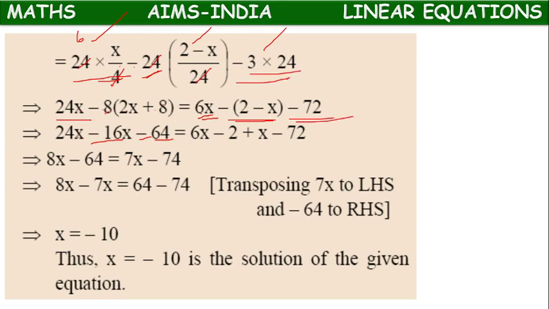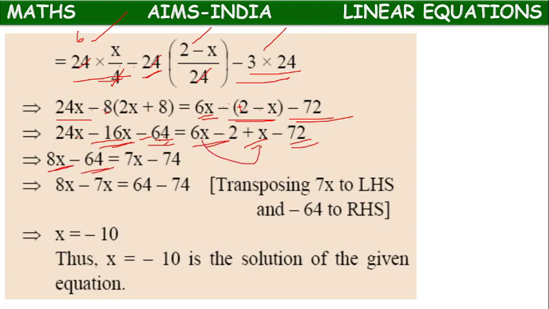Next, 24x minus 8 into 2x is minus 16x. So this we have told already. Here, 6x. Minus means the symbols will change. This plus 2 will become minus 2. Minus x will become plus x, minus 72. Here, 24x minus 16x is 8x, minus 64.